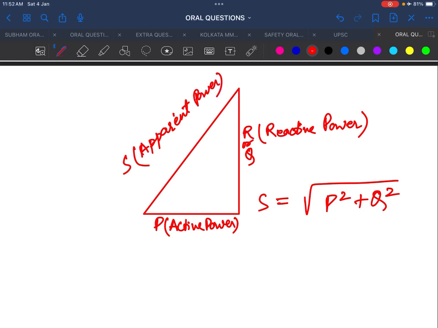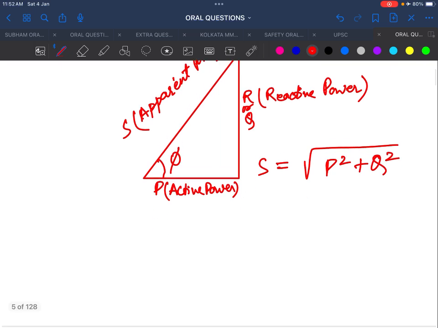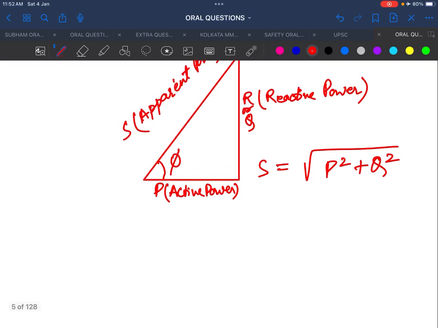So you know this angle is basically denoted by phi, and this phi is nothing but the power factor. If this angle is more and more, the power factor is poor.